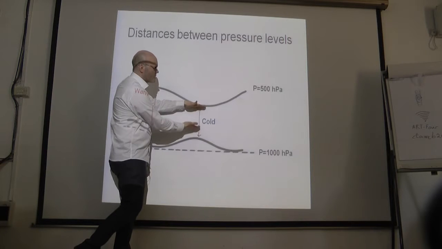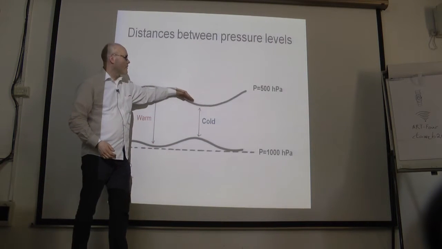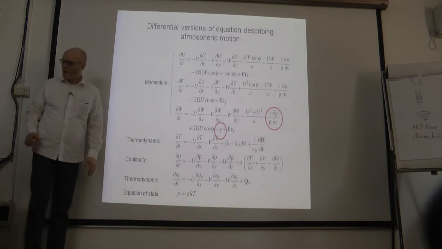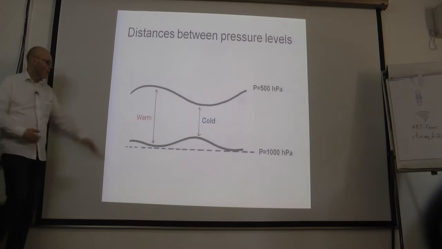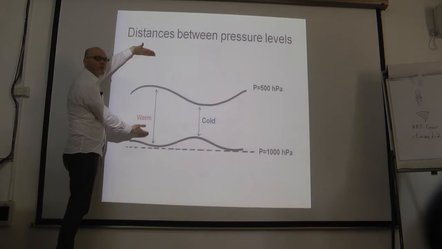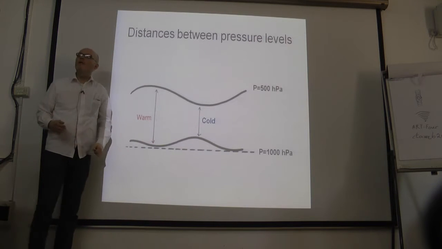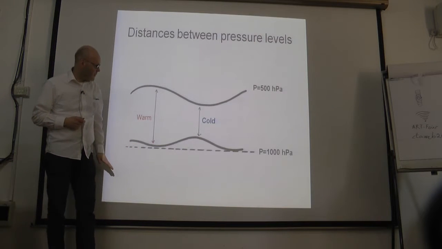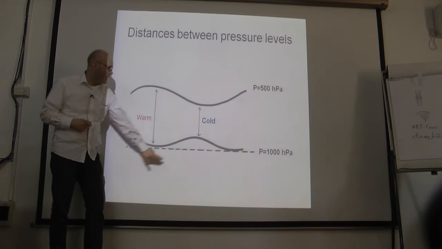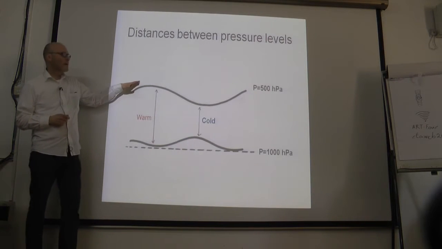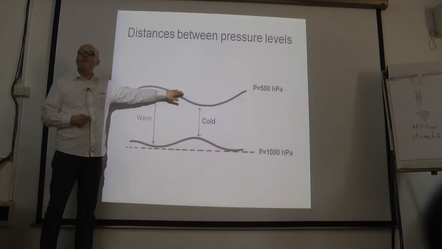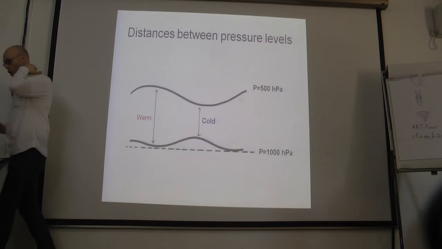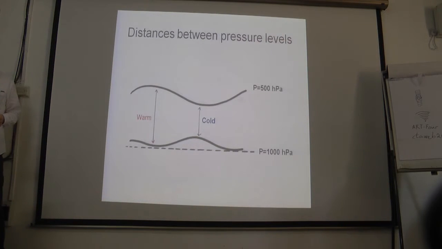We have short distances between the upper level pressure levels and pressure levels close to the surface, while a warm increased temperature increases the distance between these two pressure levels. And we see that at the surface we have a low here and a high here, while at 500 millibars, from hectopascals, we have a high here above the warm air and a low above the cold dome.